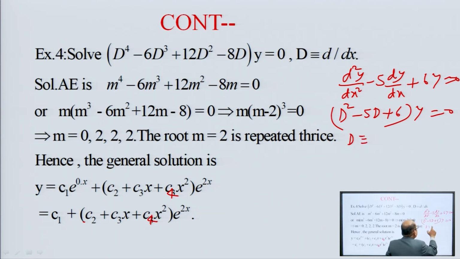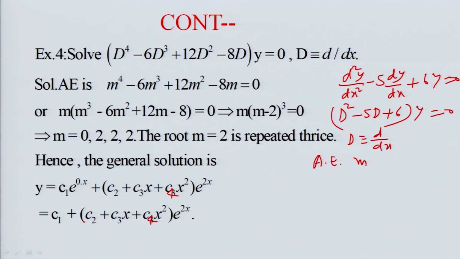The auxiliary equation is obtained by replacing D with m, so m² minus 5m plus 6 equal to 0.